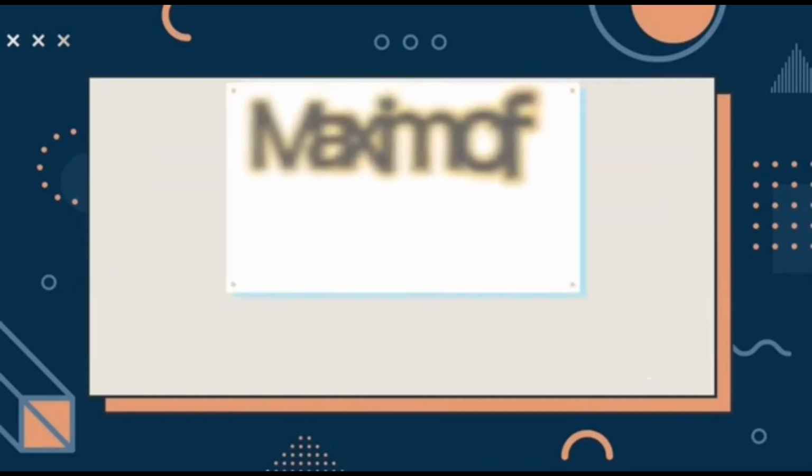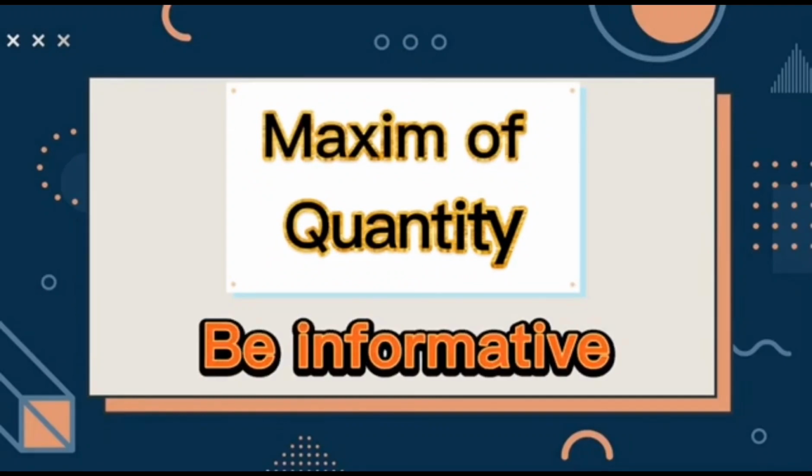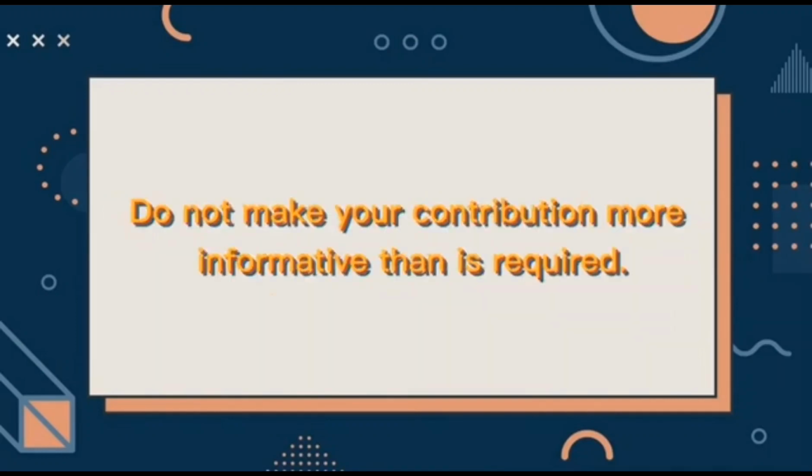So the first maxim is the maxim of quantity, or be informative. There are two maxims of quantity. First, make your contribution as informative as is required. Provide all the information which is necessary for the purpose of the current exchange. Don't leave out anything important. Second, do not make your contribution more informative than is required.